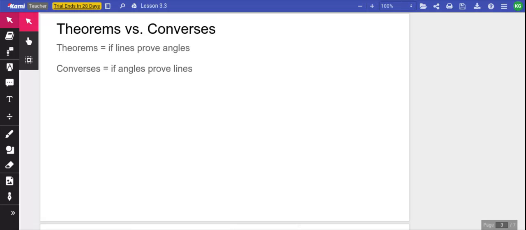If we are saying that angles are congruent based on AIA or AEA, therefore our lines are parallel, that is the converse. So remember, converse from chapter 2 is if we switch the if and then and put them in the opposite order, that makes it a converse.